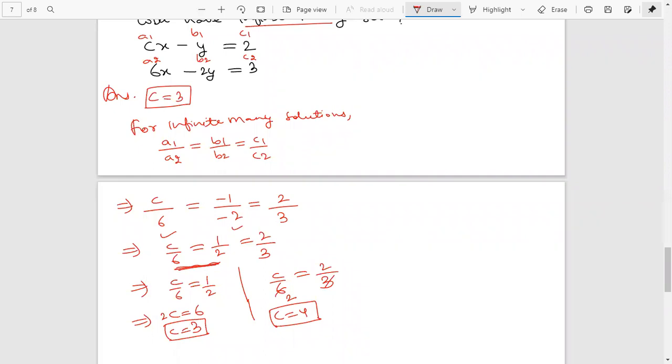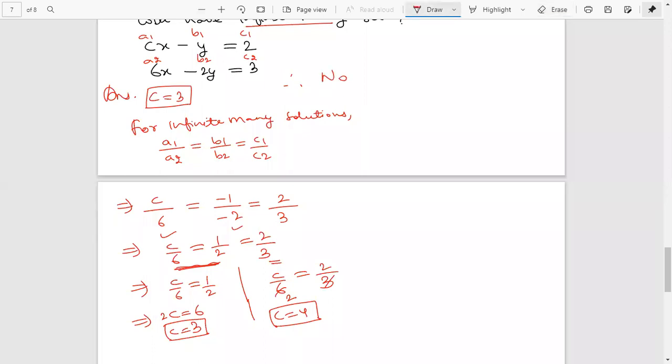If you take 4, then this is equal to this one. So 3 and 4 both cannot be possible. So we can say no value of C, because only one value we have to take.